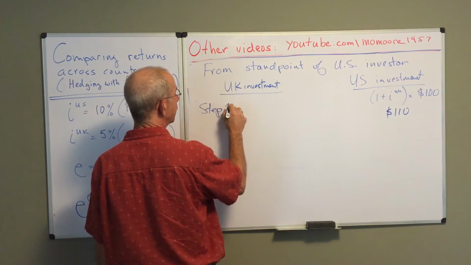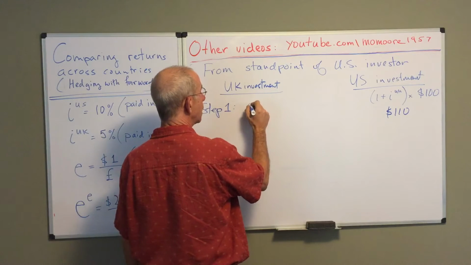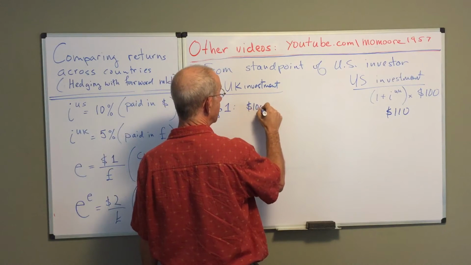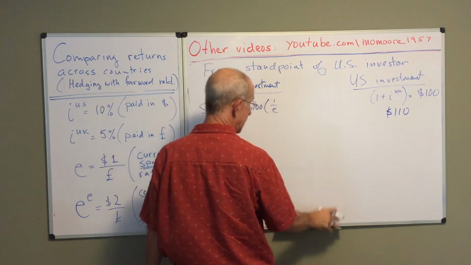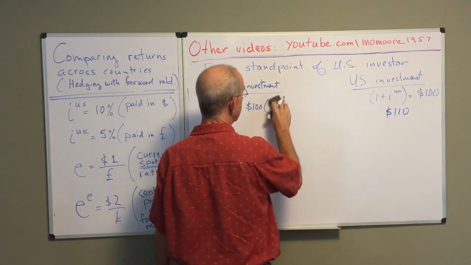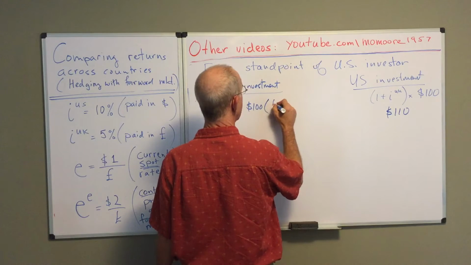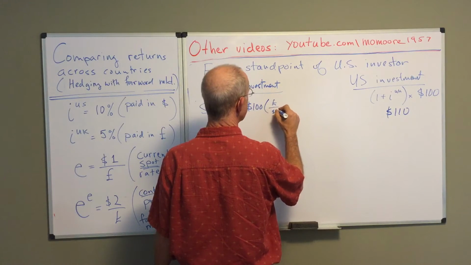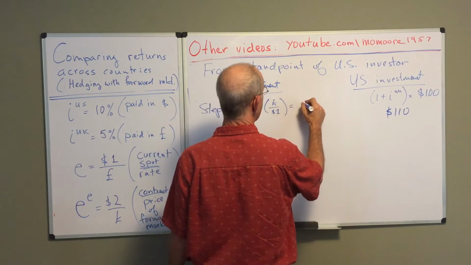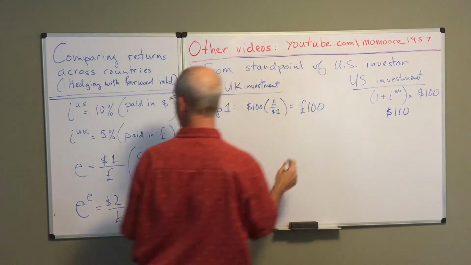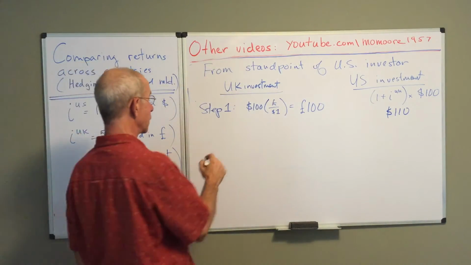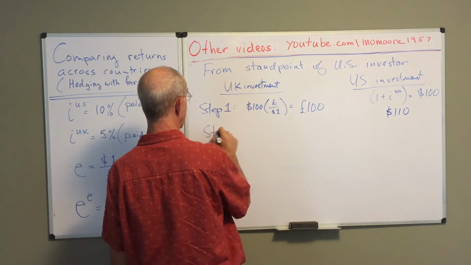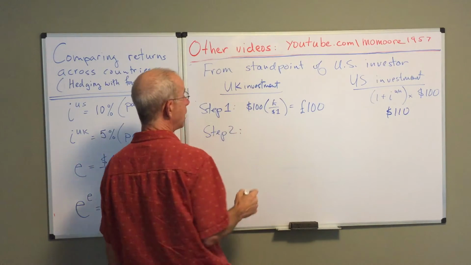So similar to what we had before, the first step for the American is to take the $100, multiply times 1 over E, pound over dollars, to get 100 pounds using the current spot rate. I talked about this in an earlier video, so I'll go through this more quickly this time.